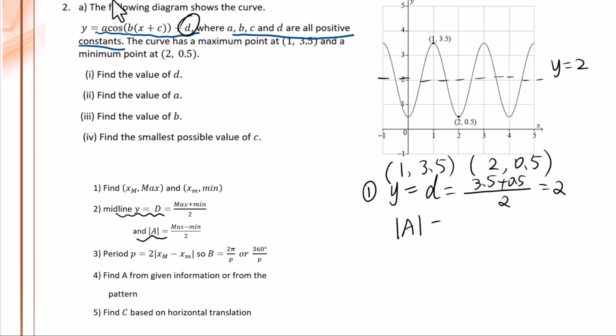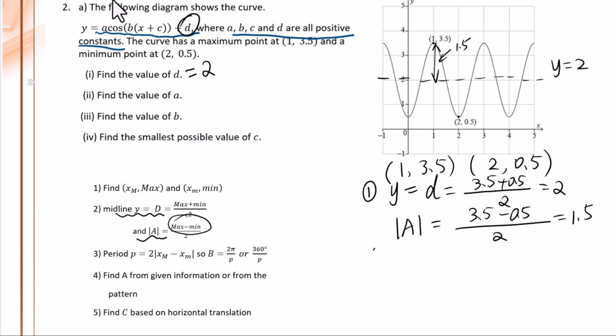Amplitude is half the vertical distance between maximum and minimum, equals 1.5, which means from this midline to the maximum, the distance is 1.5. d equals 2.